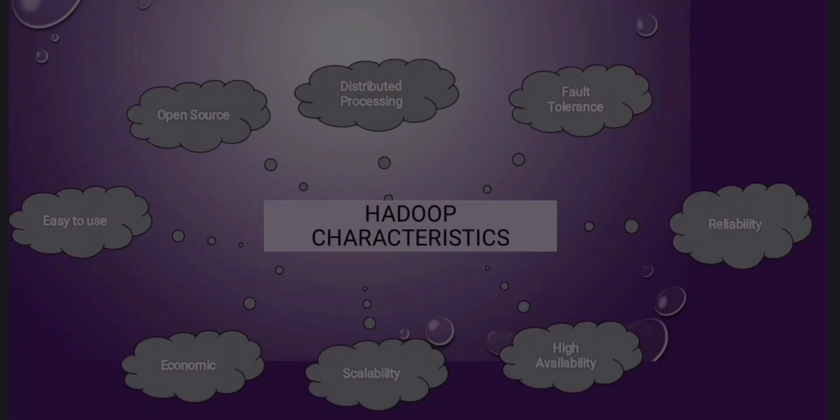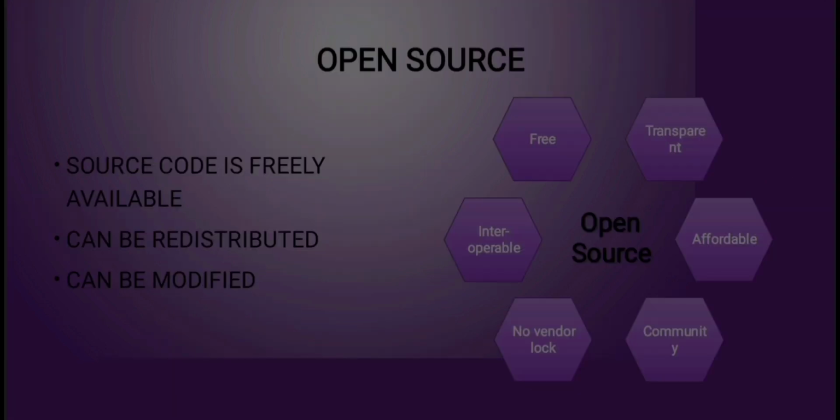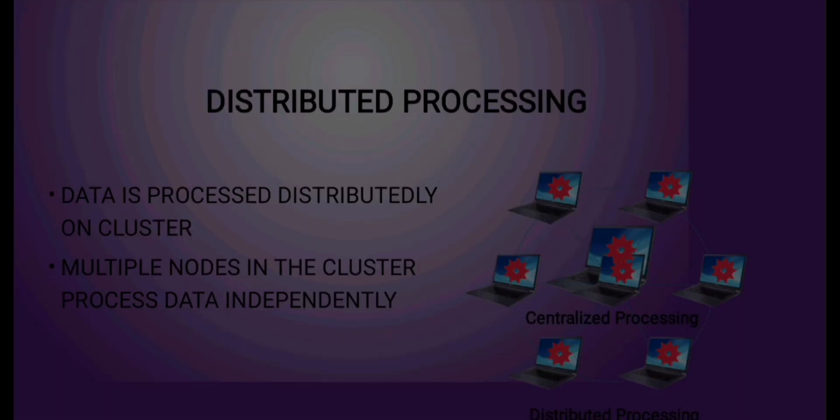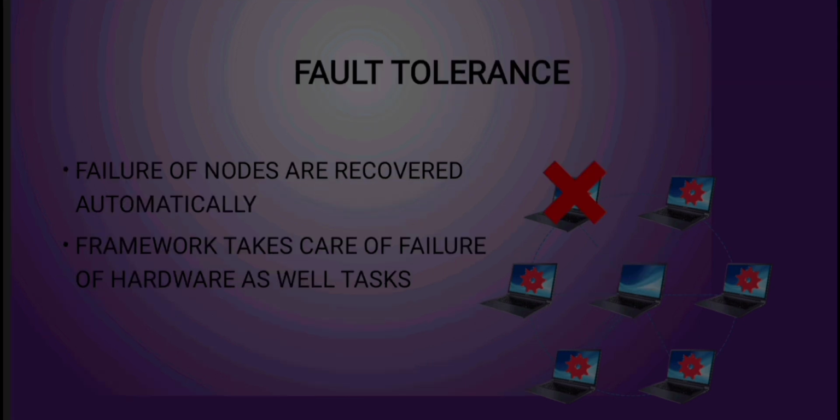Next, we are going to see about Hadoop characteristics. The characteristics are open source, distributed processing, fault tolerance, reliability, high availability, scalability, economic, and easy to use. Open source. Source code is freely available, can be redistributed, and can be modified. Distributed processing. Data is processed distributedly on the cluster, and multiple nodes in the cluster process data independently. Fault tolerance.